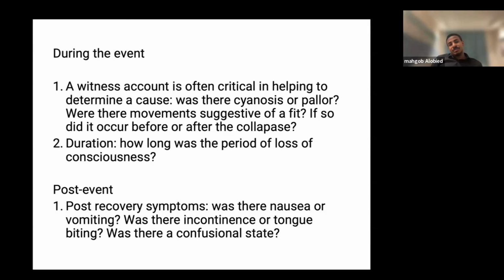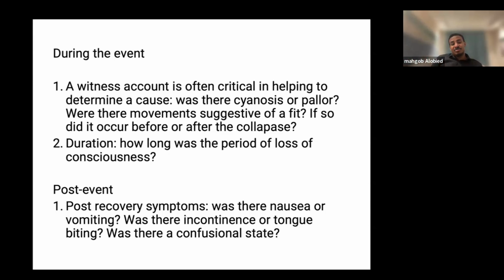You will ask the patient, after you regained consciousness, did you feel anything like nausea or vomiting? Did you vomit, or did you notice any laceration or incontinence, tongue bite marks, or do you feel fatigue for a long time? Also, this will differentiate convulsion from syncope.